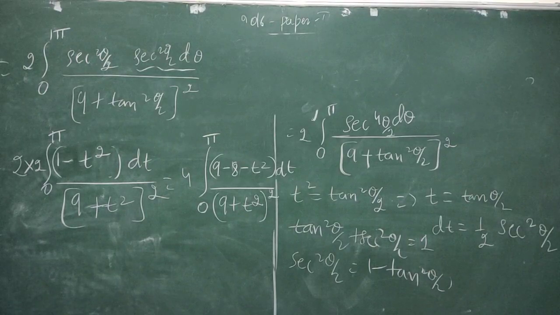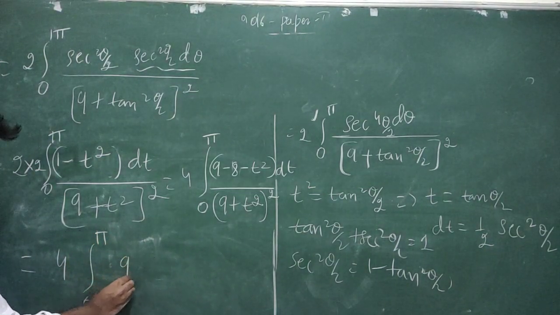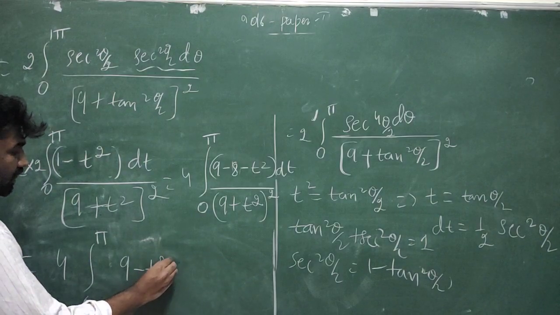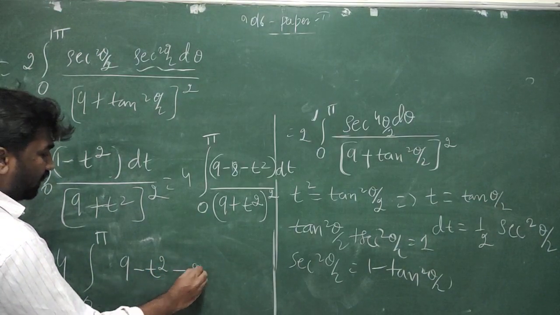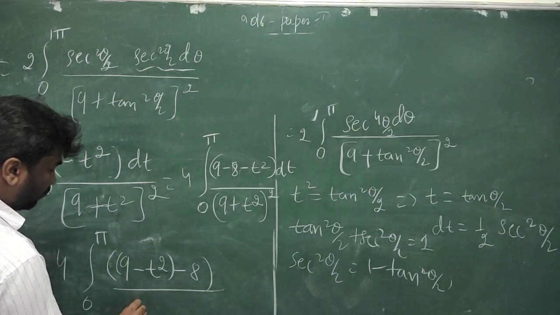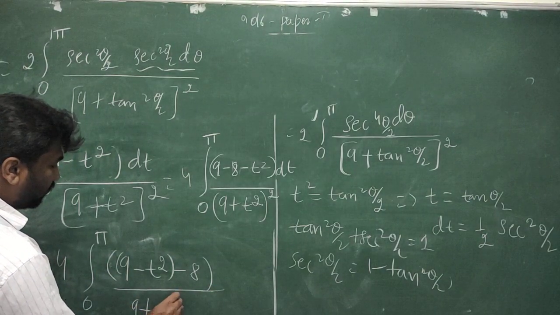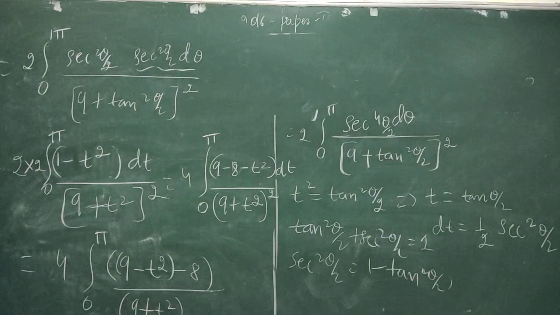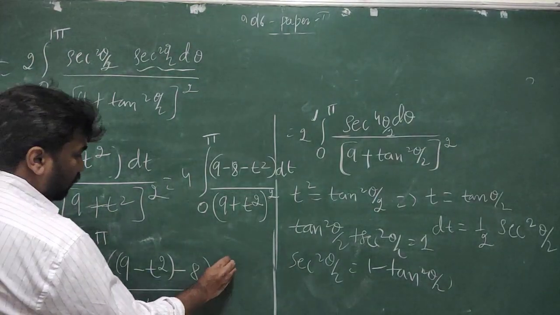Okay, so this can be written as 4 into integral 0 to pi 9 minus t square minus 8 divided by 9 plus t square into dt.